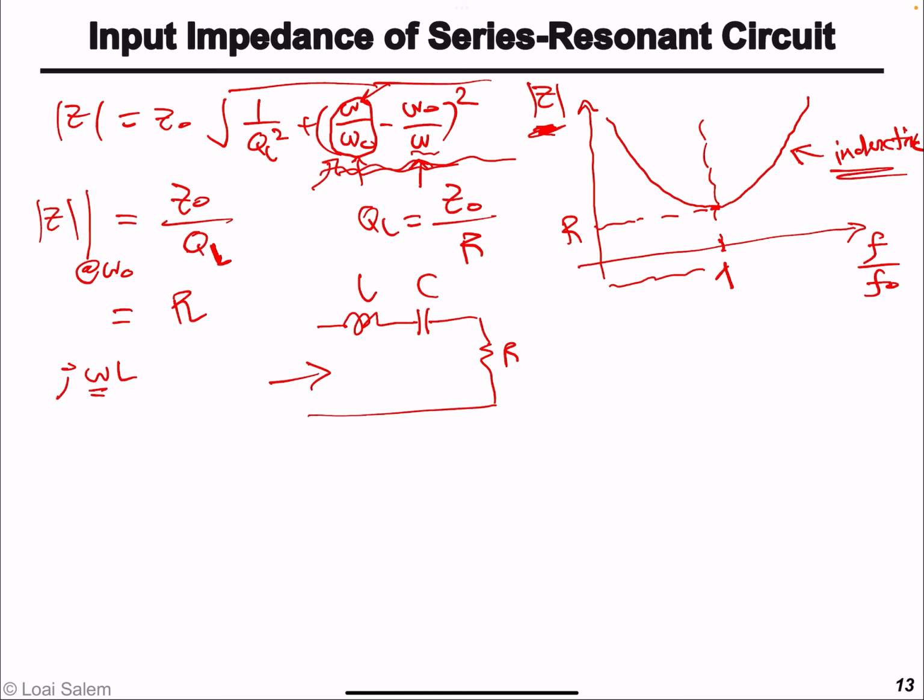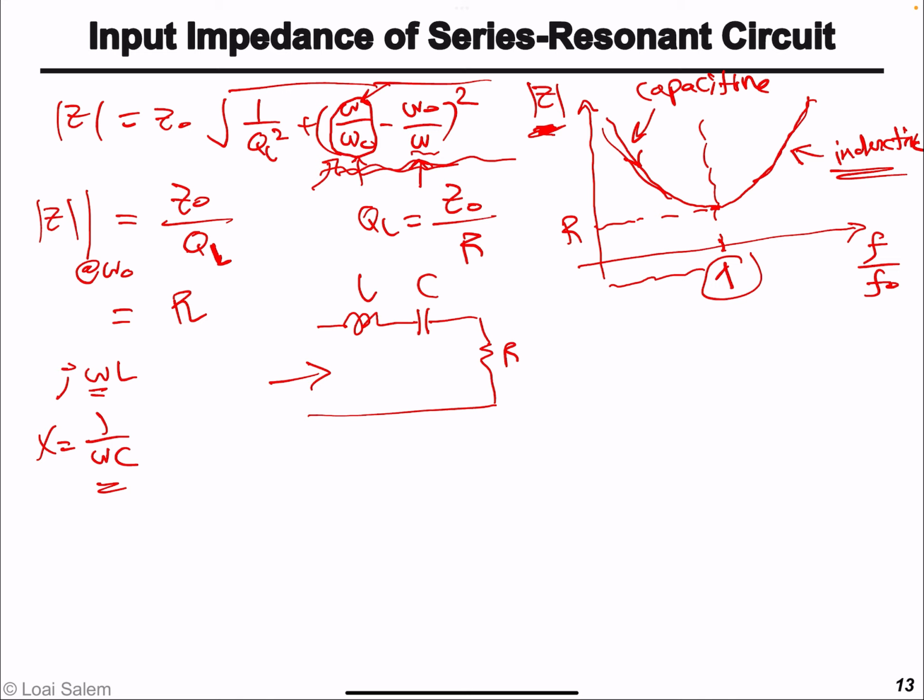It increases with frequency. While for frequencies below resonance, we'll find essentially it behaves as a capacitive impedance, because we know that a capacitive reactance is inversely proportional with frequency, so it decreases as we increase the frequency. So the RLC circuit above resonance behaves as an inductive impedance, below resonance it behaves as a capacitive impedance.